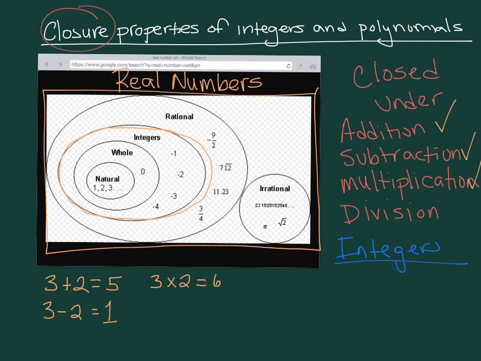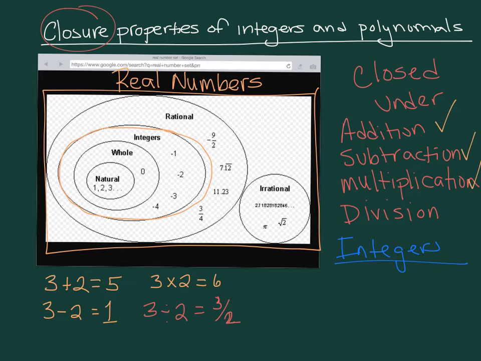Finally, we need to look at division. I'm going to change some of the numbers. I'm not going to change the numbers yet, but then I will change it on the latter half. So I'm going to say 3. I'm going to put this in red actually. I'm going to say 3 divide 2. Well, 3 divide 2, that's 3 halves. That actually doesn't work for us because 3 halves is no longer an integer.